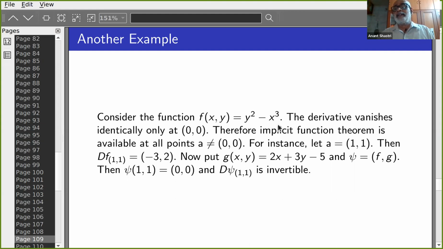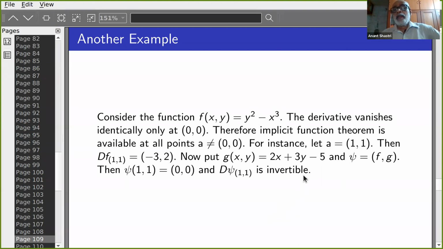Del f, the standard calculus notation, is (minus 3x squared, 2y). It's 0 if and only if (x, y) is (0, 0). Elsewhere it is non-zero. Therefore, at every point other than (0, 0), the curve will look like a small arc. That is the meaning of this theorem.